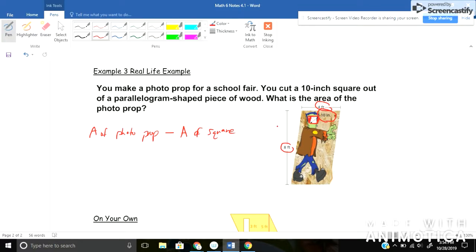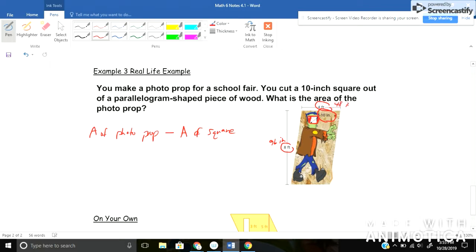Well, there's 12 inches in 1 foot. So I need to take 12 times 8 to come up with a total of 96 inches for height, and also 4 times 12 to come up with a width of 48 inches.